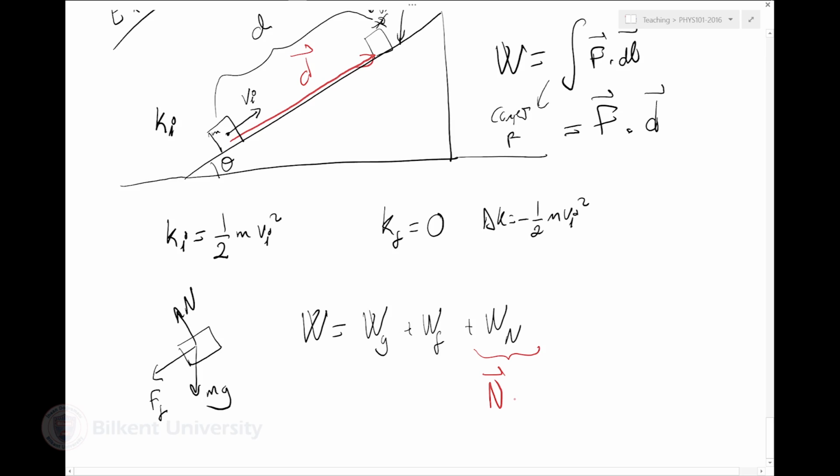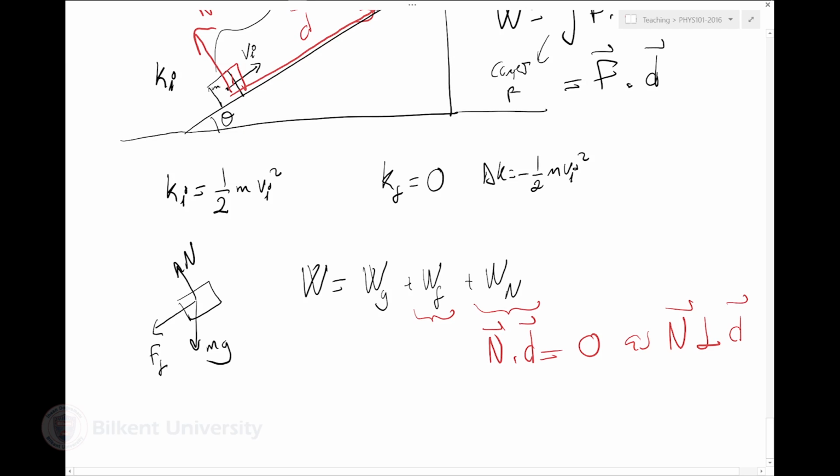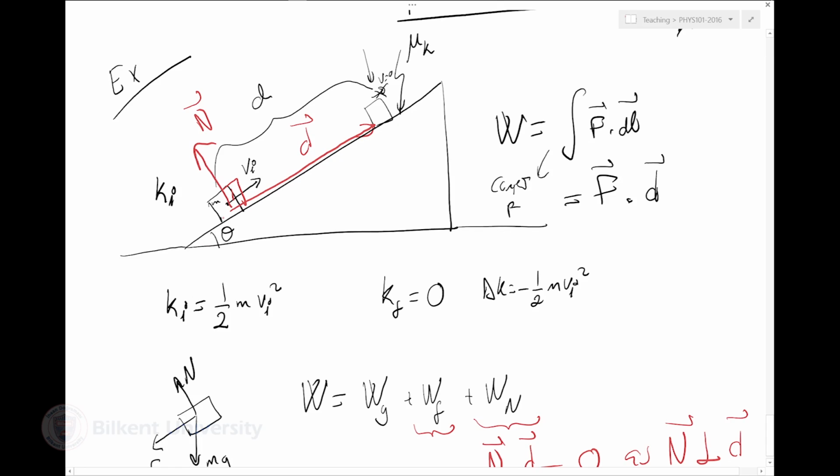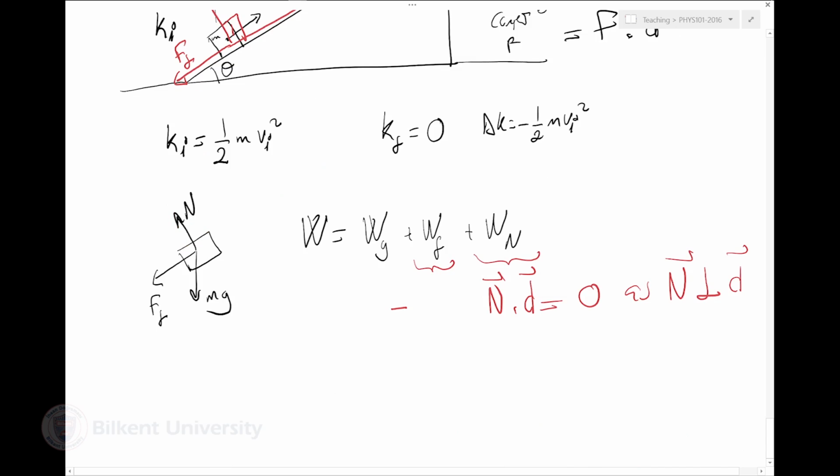How about the work done by the constant friction force? Constant friction force is pointing in the opposite direction to my displacement. So this is going to be what? Let's first write the definition. It's going to be F friction dot d, but in terms of magnitude, this is just going to be minus F friction times d, because they are in opposite directions.